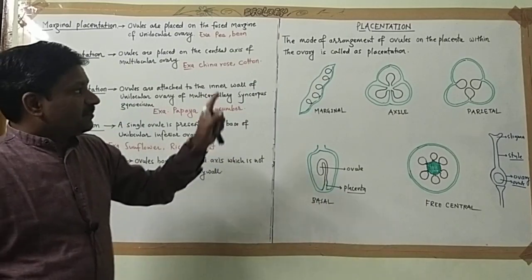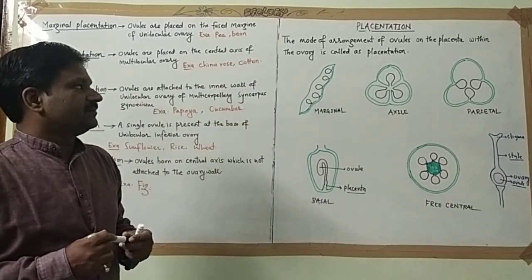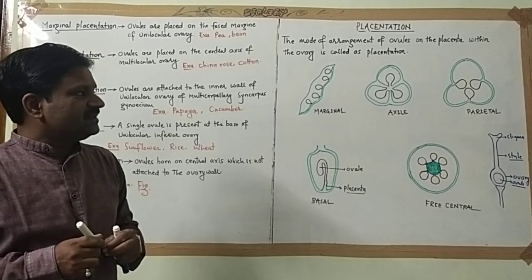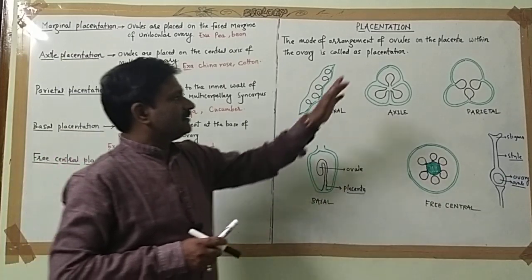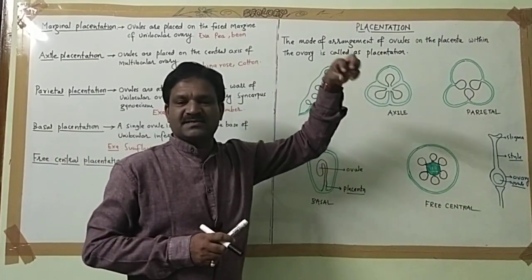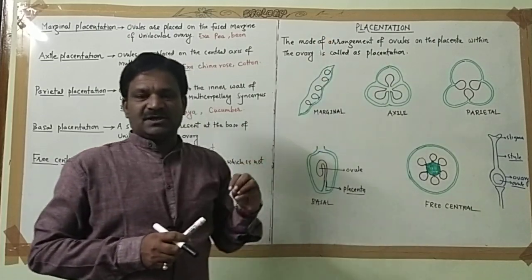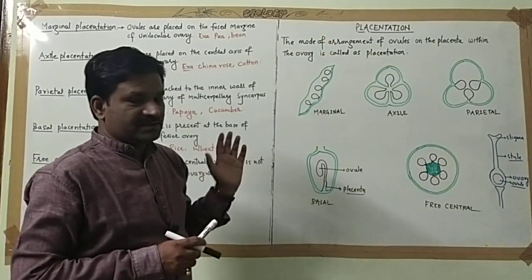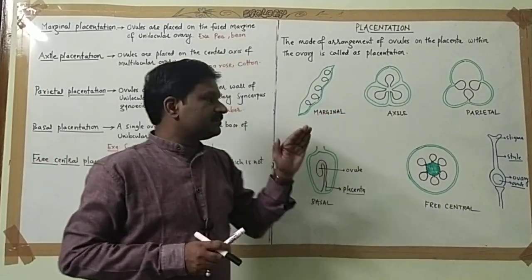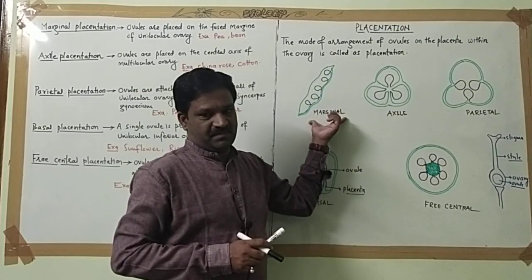In this way, placentation is the arrangement of the ovules on the placenta within the ovary. The mode of arrangement of the ovule inside the ovary is called placentation, and the mode of arrangement is different. If the ovules are arranged on the margin of the ovary, that is marginal placentation.